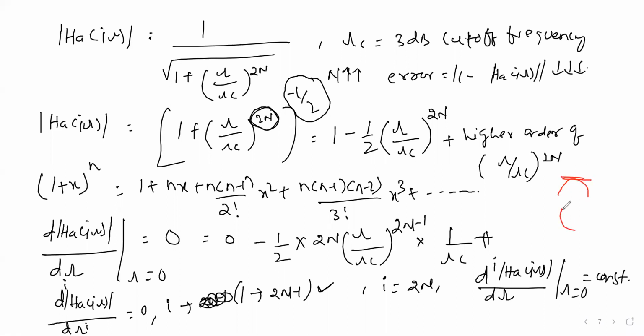If the function H(jω) gives 0 for single differentiation, we can say that it has only one flat point. One flat point means it may be a maxima or a minimum.